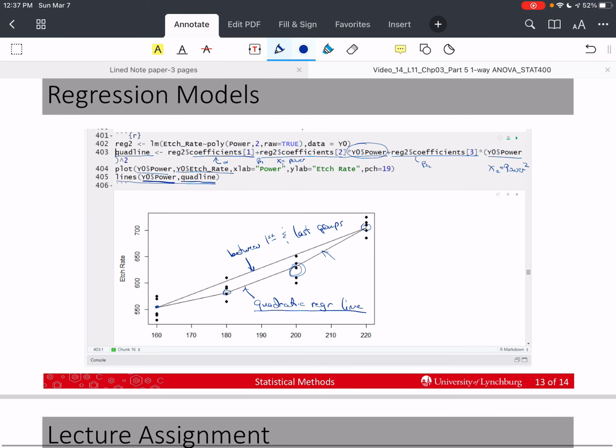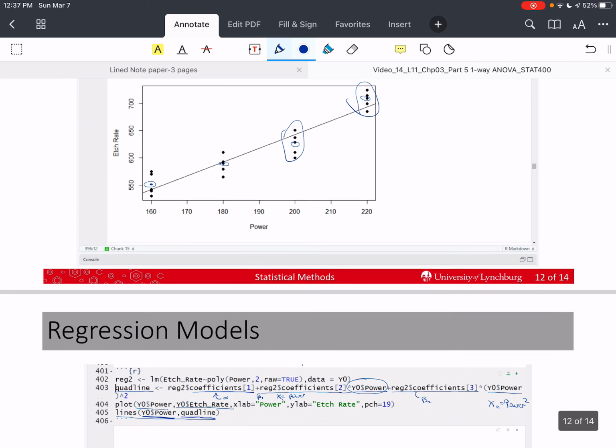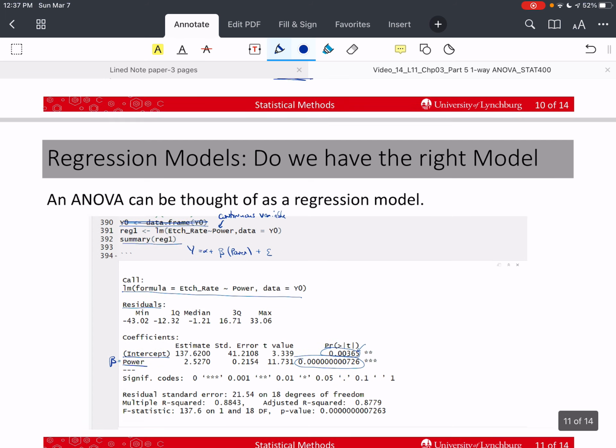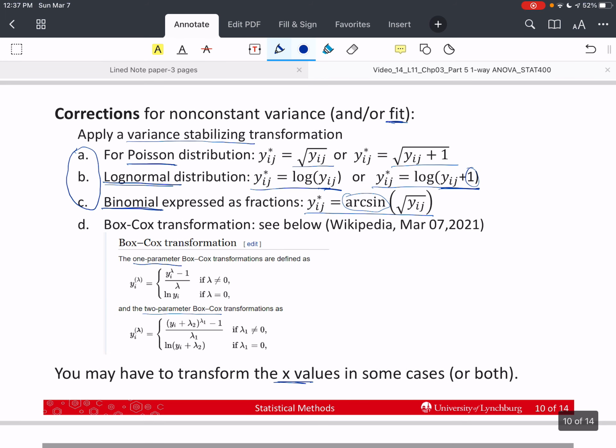All right, so we have finished looking at the assumptions, the analysis of the assumptions, and we have talked about a few of the ways to correct things, including these transformations that we could use here. So we could transform the data, usually the y values, but it could be the x values.